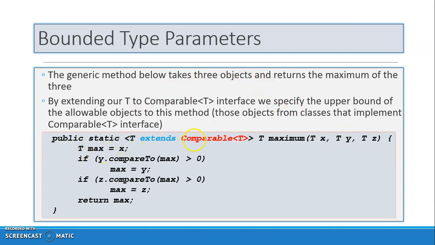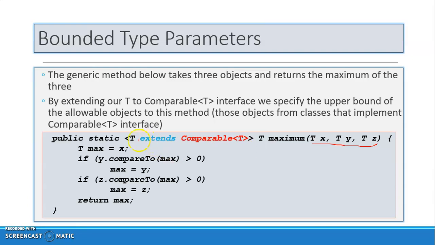So here we have how we use Comparable. It's a method, and this method is getting three parameters of the same type, T, T, and T, and we want to get the maximum of those. These could be objects, or numbers or whatever. We want to see if x is greater than y, or y is greater than z, or something like that.